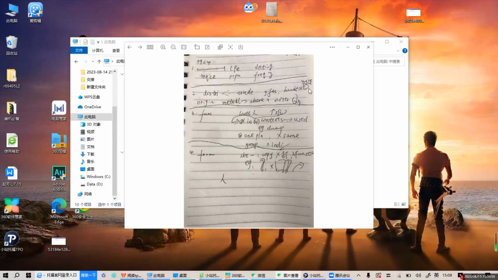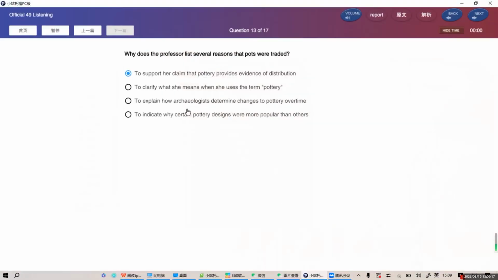And the details here, the examples are to prove the evidence of distribution. So we can get the distribution evidence through the trade and the materials or the gifts that they trade with each other. So back to the question, it is option 1, to support her claim that pottery provides evidence of distribution.